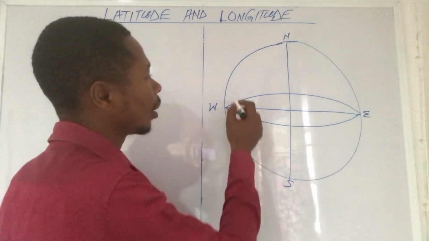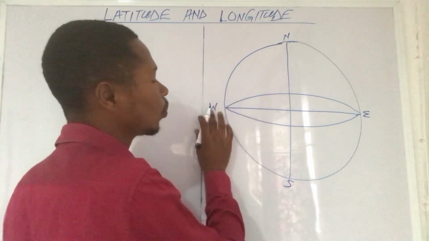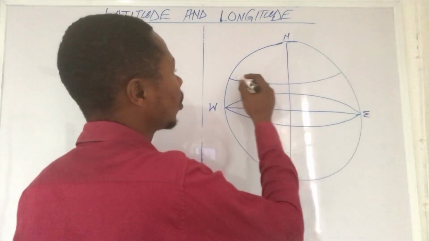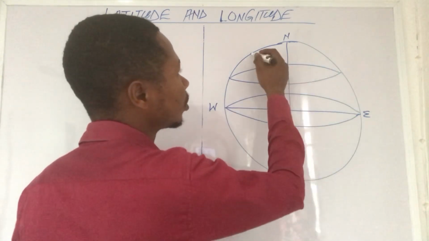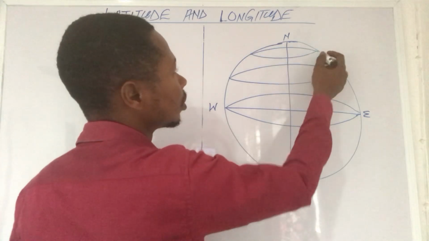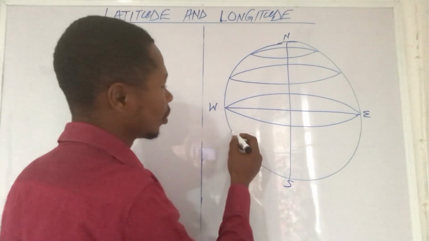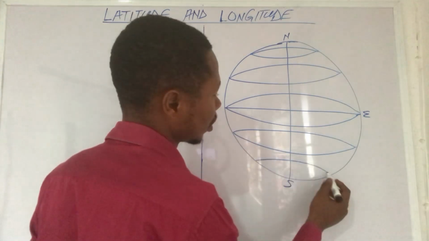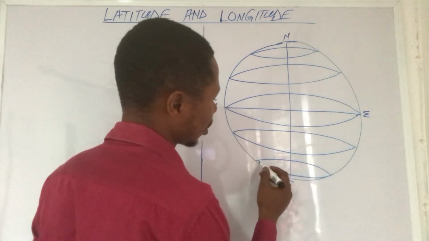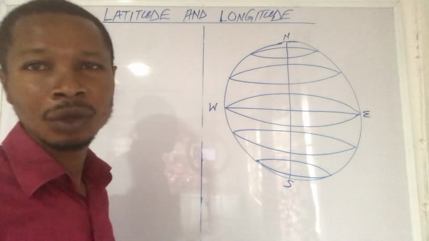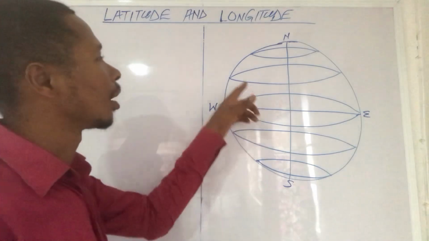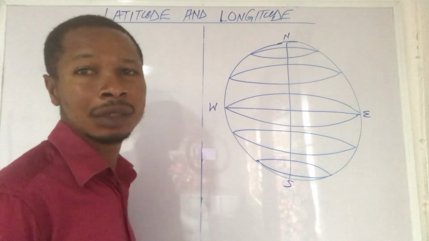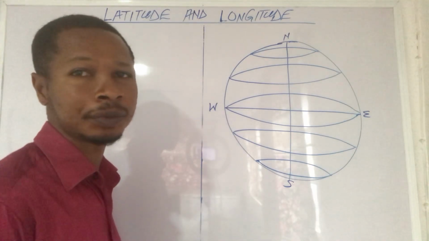So any line that runs from the west to the east side like this is what is referred to as lines of latitude. These are lines of latitude. These are lines that run from the west to the east side. We refer to them as lines of latitude.